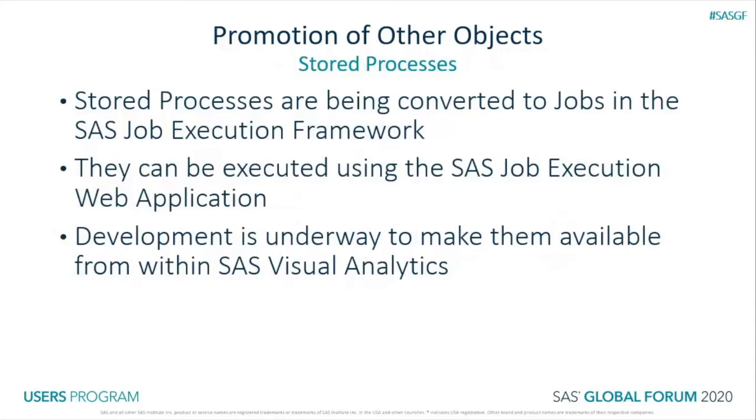They can be executed using the SAS job execution web application. Currently, they are not out of the box usable within Visual Analytics, but development is underway to make this capability available. It will be available in a SAS Visual Analytics release later this year.